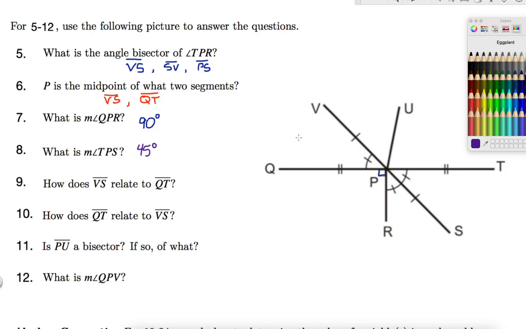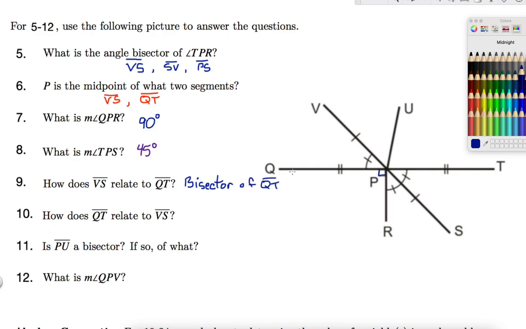How does segment VS relate to QT? Well, VS cuts QT at P, and P is a midpoint of QT. So we can say that it bisects, or it is a bisector of QT.